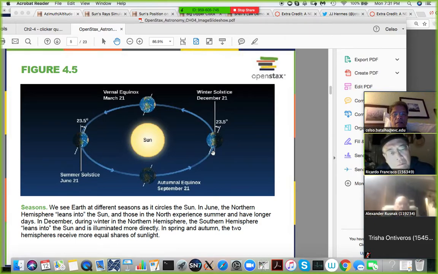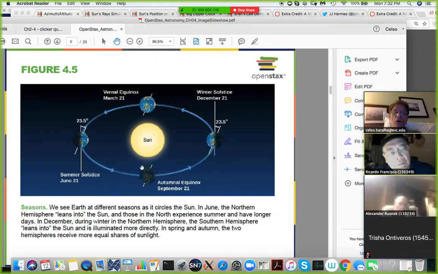So seasons like summer or winter are not caused by the proximity of Earth to the sun, but by this tilt of Earth's axis of rotation with respect to the perpendicular to the ecliptic plane, which is the name of Earth's orbital plane around the sun.